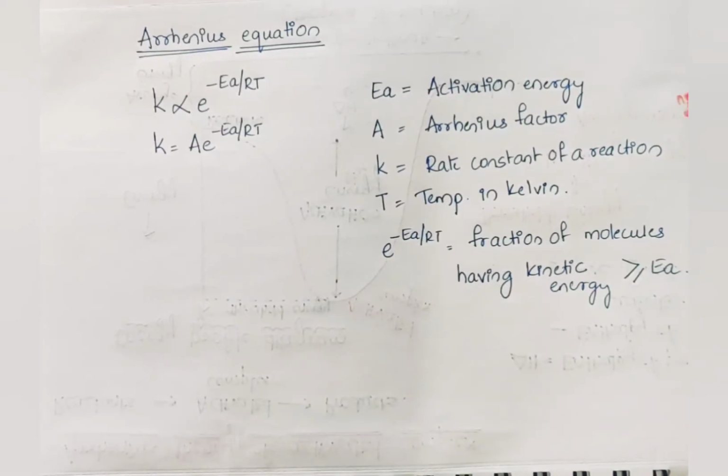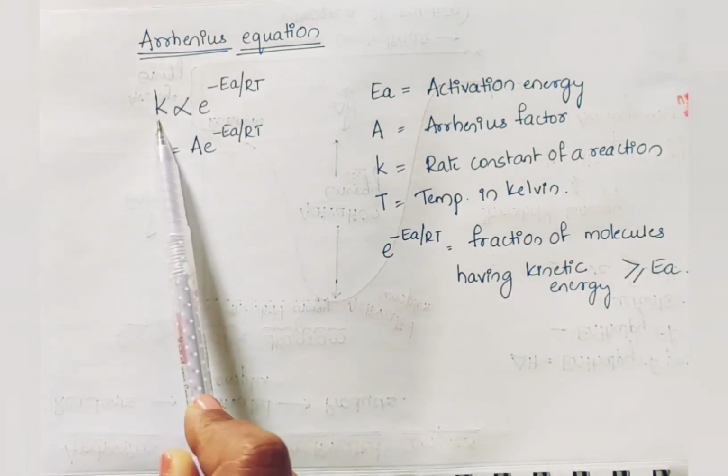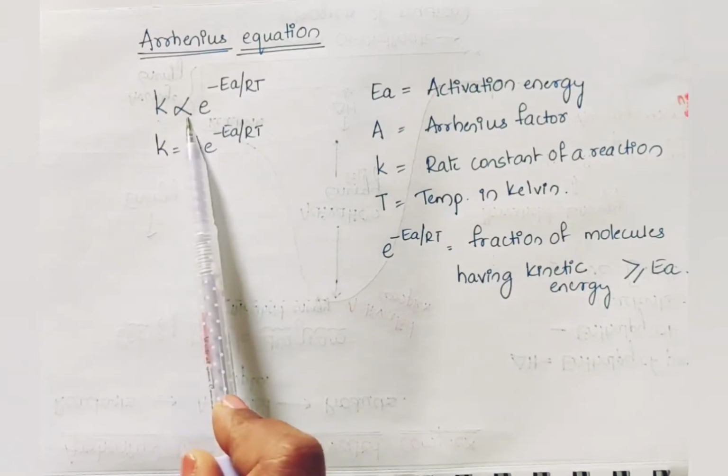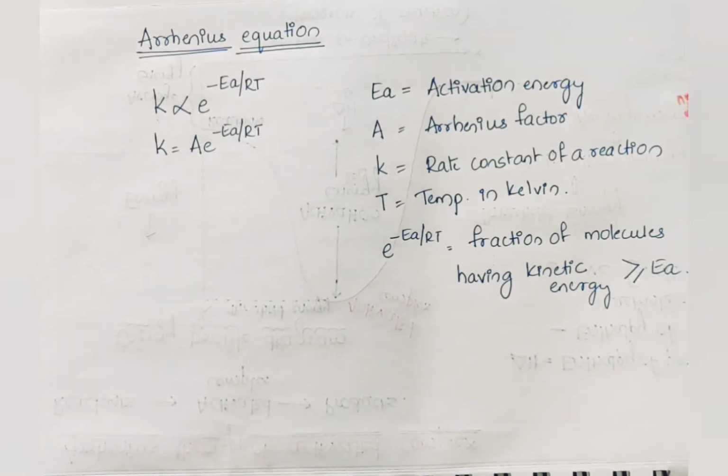Arrhenius gave an equation that gives the relationship between rate constant, temperature, energy of activation and collision frequency, known as the Arrhenius equation. According to Arrhenius, the rate constant of a reaction is directly proportional to temperature and activation energy. So this equation gives the temperature dependence of the rate of the reaction.